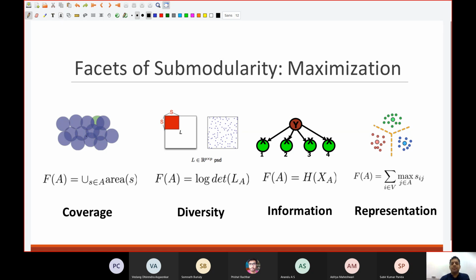Diversity: the more spread out the points are, the larger will be the volume of the area, let's say the polyhedron that encompasses these points. So that's the log det example. This is like the volume example. This is the coverage example, very obvious, sensor coverage.